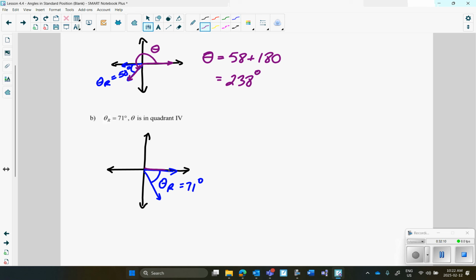And we're trying to find theta, which makes up the remainder of a complete circle. So how would we find it? 360 minus 71 gives us 289 degrees. Good. Good. Okay.